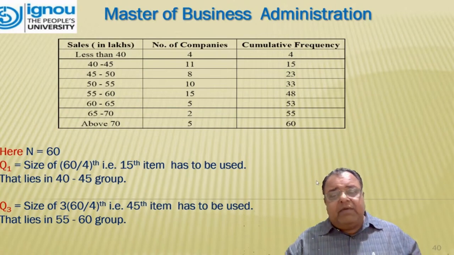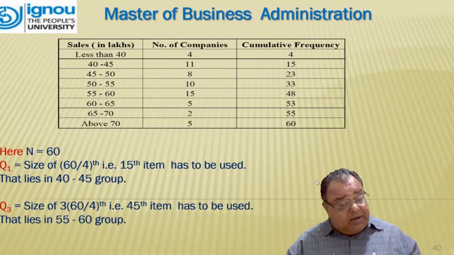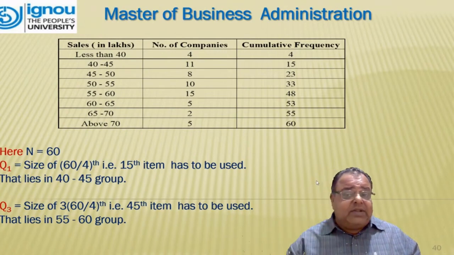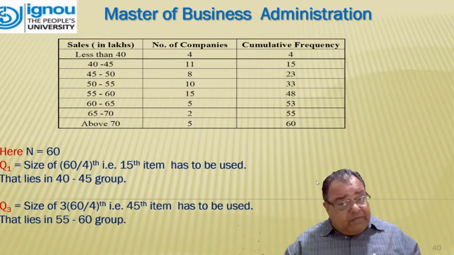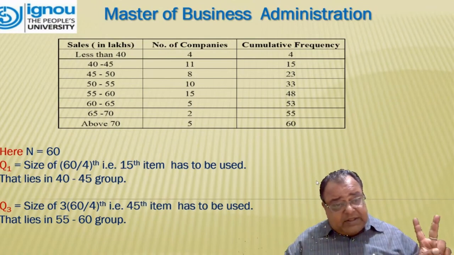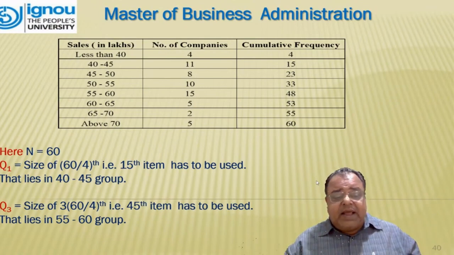Now, the first step is to calculate the quartiles Q1, Q2 and Q3. First, n is 60. Quartile 1 is the size of the 60 by 4 th term, that is the 15th item. Where this 15 comes in the cumulative frequency column, it is in the second row, that means it lies in the group 40 to 45.